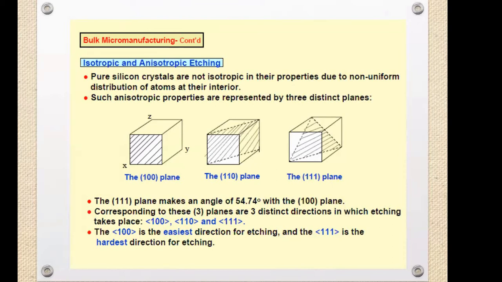Means if the material is isotropic then it is uniform, but with differently oriented substrates, the etchant will react at a different rate. So the gray colored body is represented as the substrate.